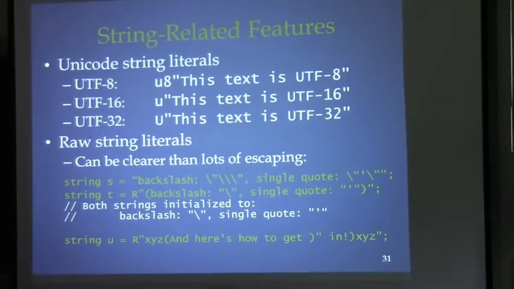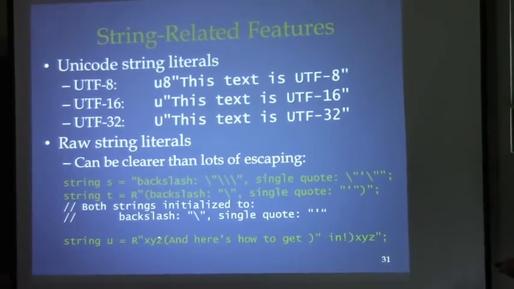So if that's what you have, then you can go one step further and provide your own custom string to represent the delimiter. So this would be a literal string delimited with XYZ. So R, quote, XYZ, open paren, so it starts with that, and then it ends with this close paren, XYZ.